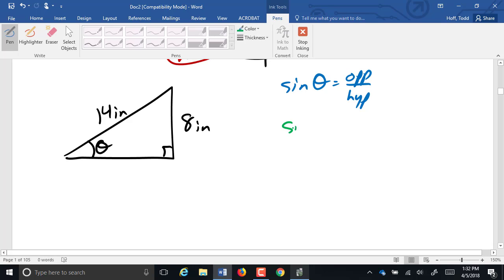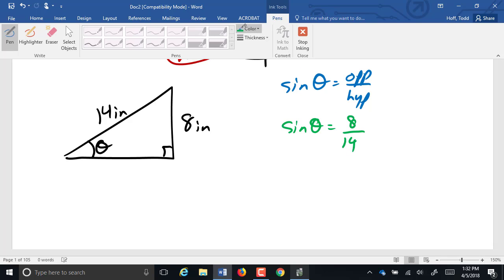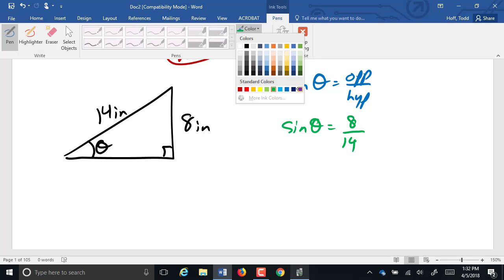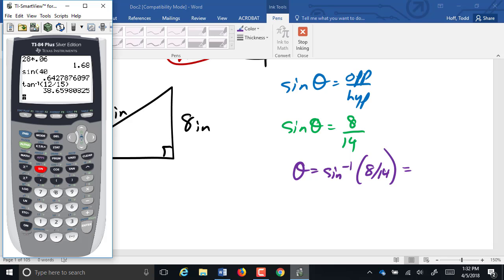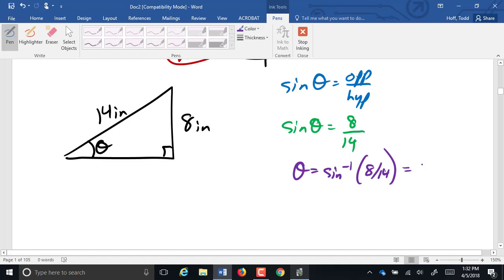We're again looking for the angle. Opposite side is 8 and hypotenuse is 14. So to just make it short, our angle is the inverse sine of 8 over 14, which is 34.85.